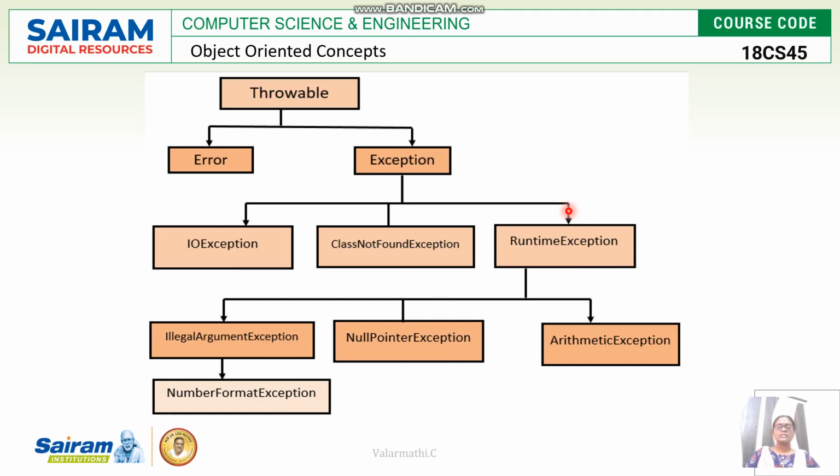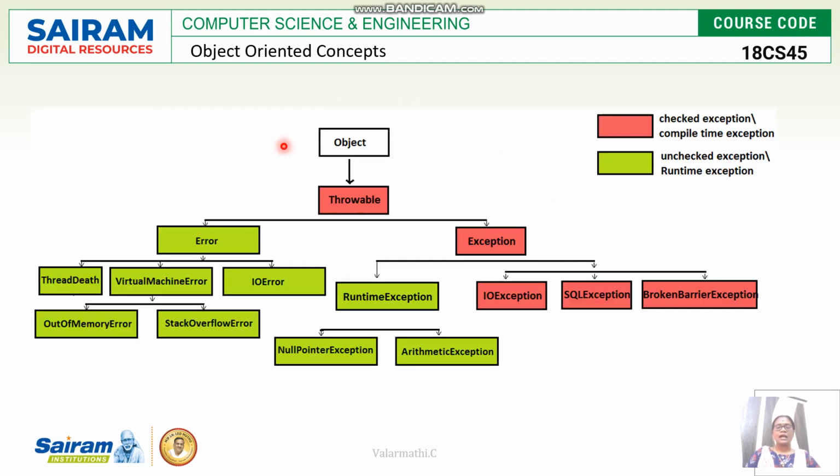So this runtime exception, as the name itself says, is identified during the execution time. Then another example shows whether the exception is checked or unchecked. What is meant by checked, ma'am? If the exception is expected at compile time, that kind of exception is called a checked exception.